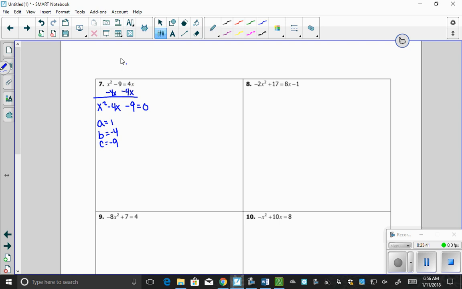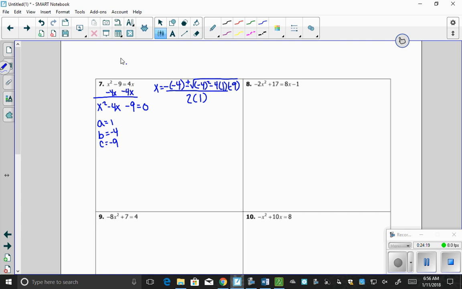And plug it into your formula so that you get x equals the opposite of B plus or minus the square root of B squared minus 4 times A times C, all over 2A. From here, you are going to simplify everywhere that you can.